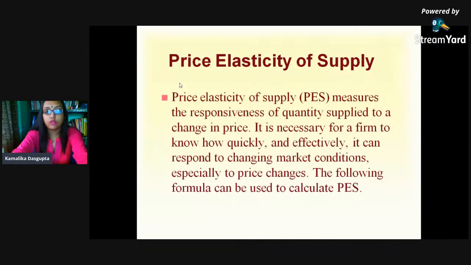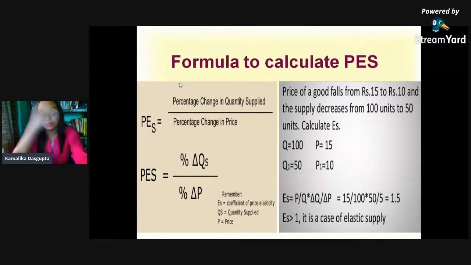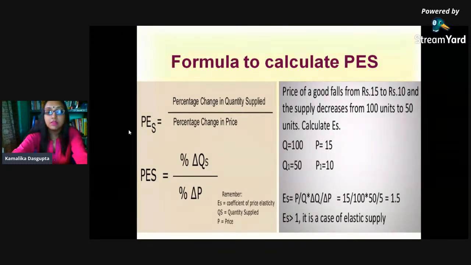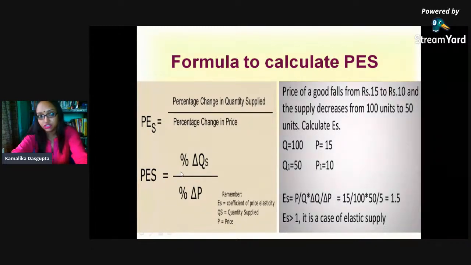And the following formula can be used to calculate the price elasticity of supply. It is just the same as the price elasticity of demand formula. This is the formula to calculate PES, or price elasticity of supply. So price elasticity of supply is percentage change in quantity supplied divided by percentage change in price. Do you understand the mathematical notations? The capital delta signifies change.